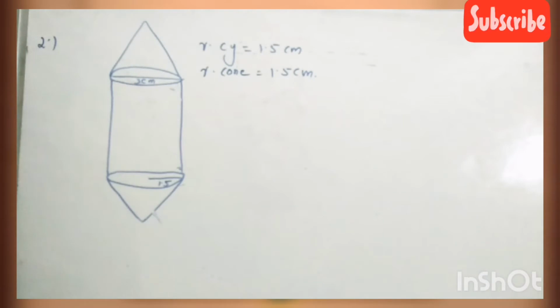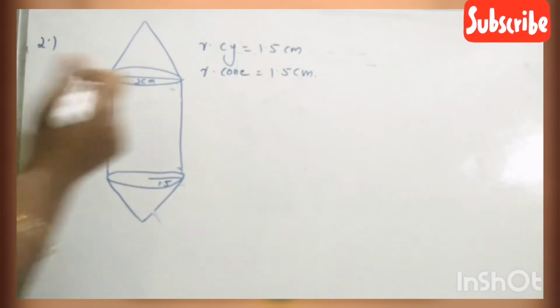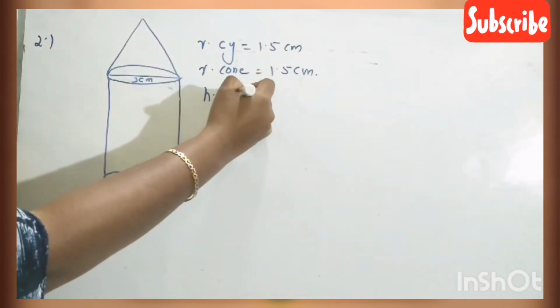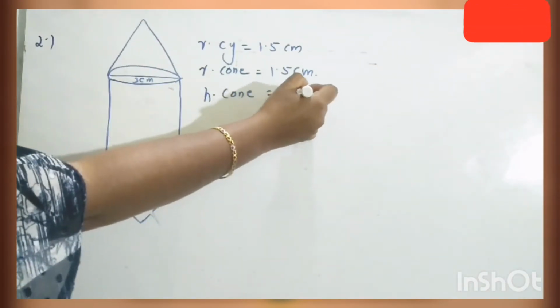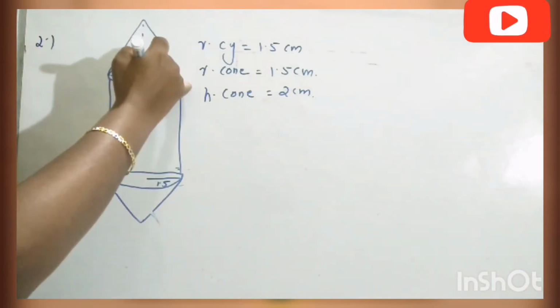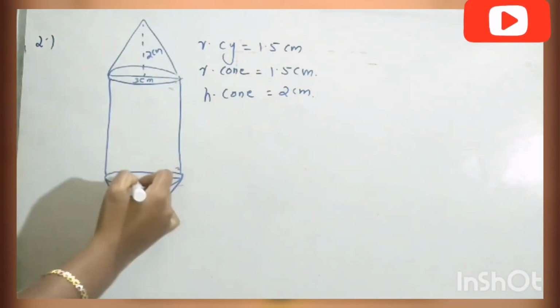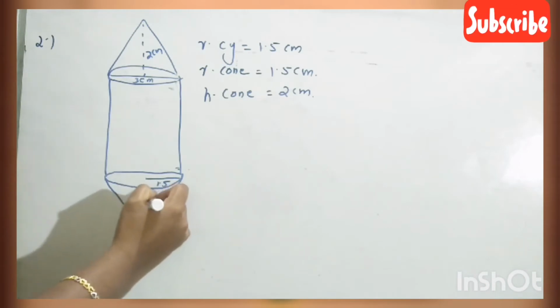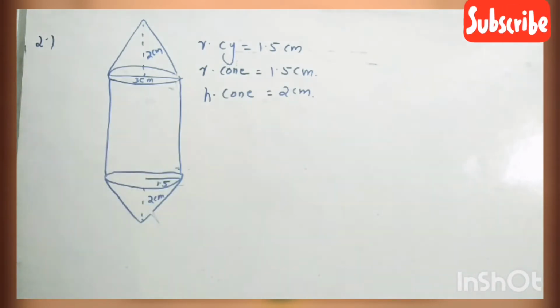Now the height of the cone is also given. Each cone has a height of 2 centimeter. So this height is 2 centimeter and this is also 2 centimeter. And the length of the shape is given.